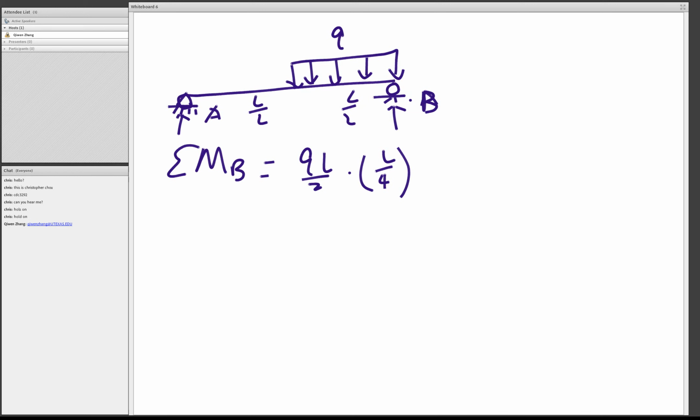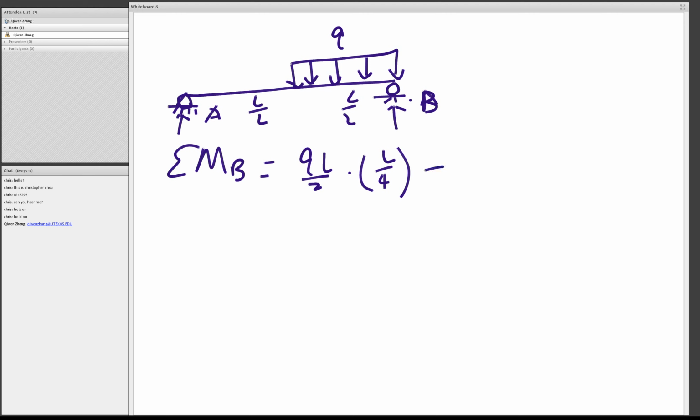Let's call them RA, RB. So minus RA times L equal to 0.